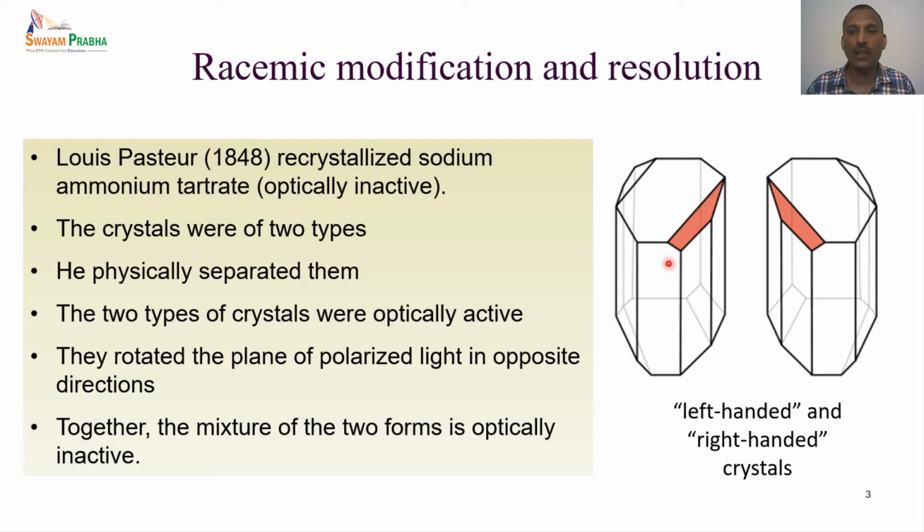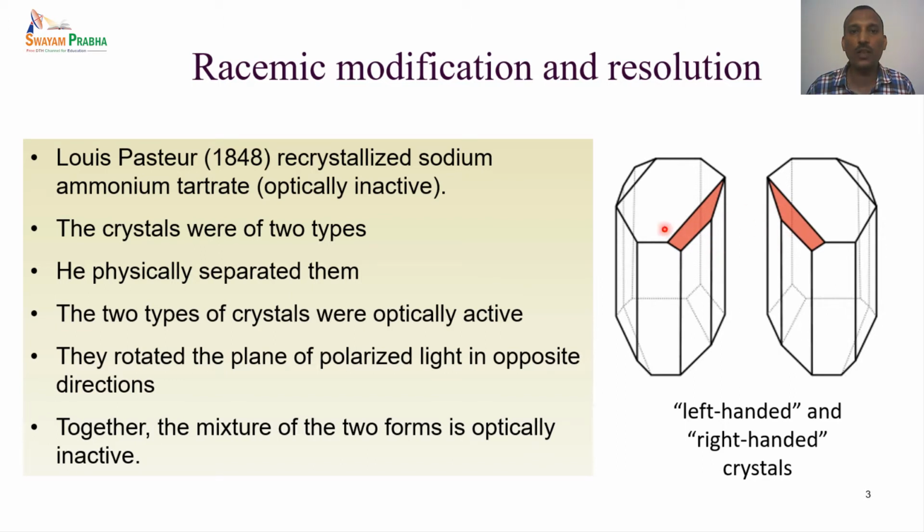Then he took the optical rotation of the left-handed enantiomer and the right-handed enantiomer separately, and found that these two compounds were optically active. But when these two are mixed in a 1:1 proportion, the net result was optical inactivity. From that, he first identified and resolved the isomers using physical separation.